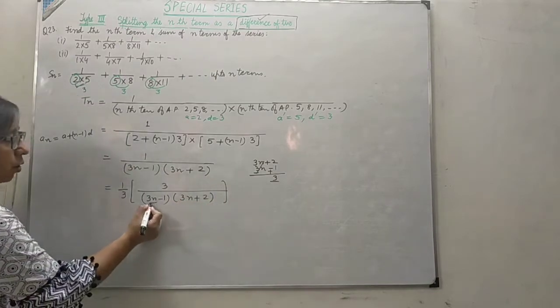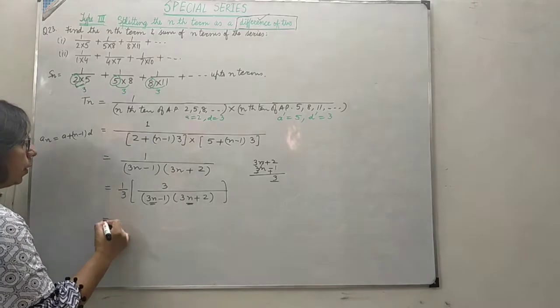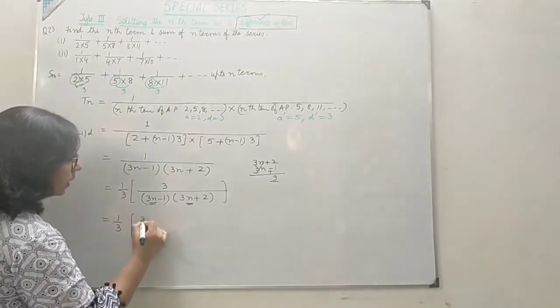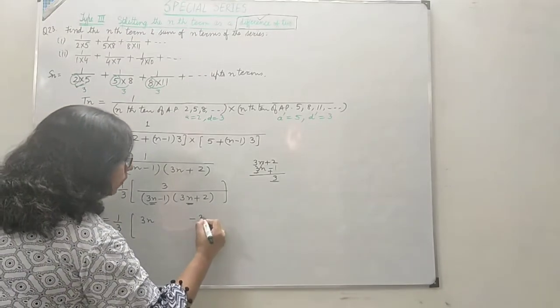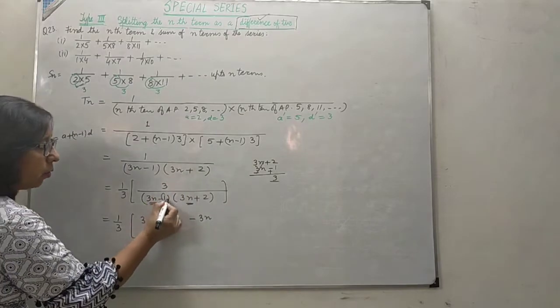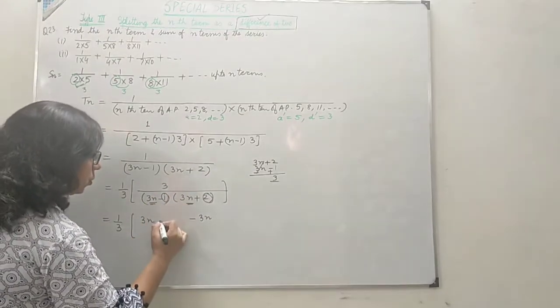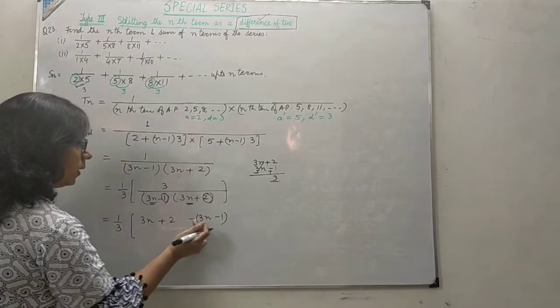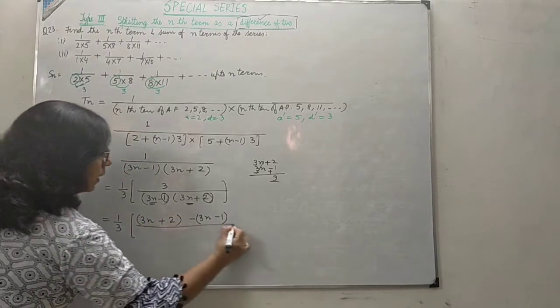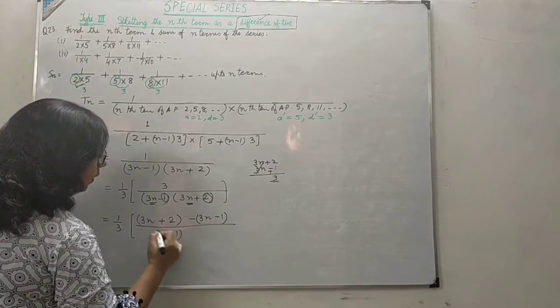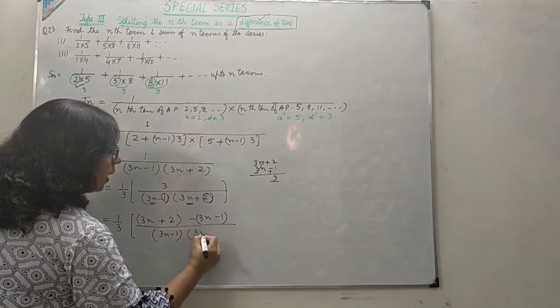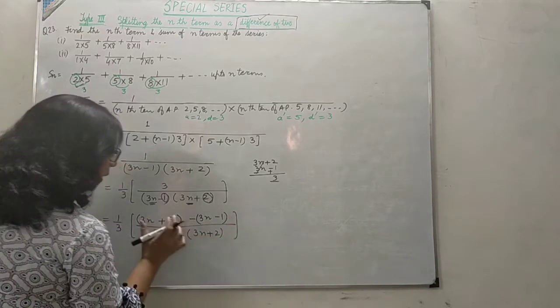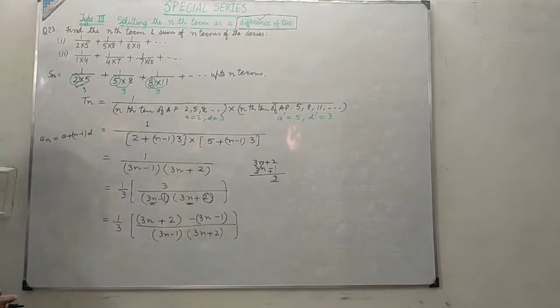And after that, because there is 3n, I will add and subtract 3n. And this 3 I can also break as 1 and 2. So if I write 2 here, this minus 1 actually becomes minus minus plus. So I may write it this way. You have to adjust like this so that the terms in the numerator are the same as in the denominator.